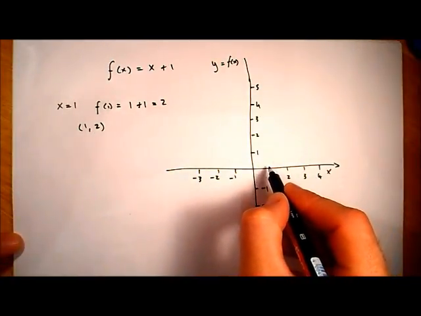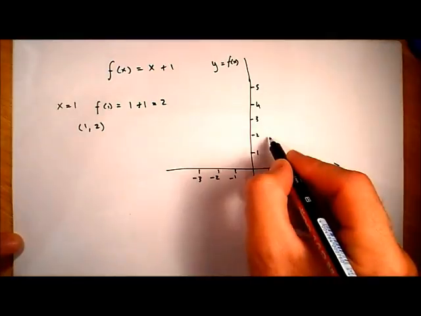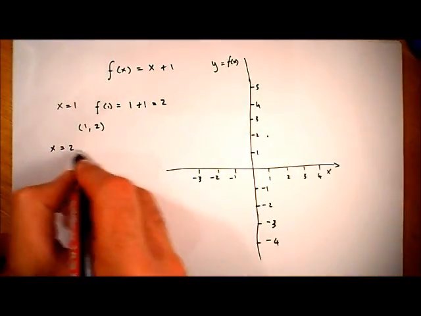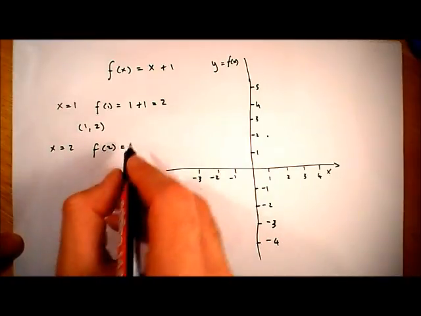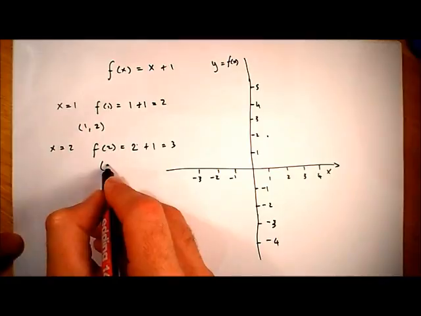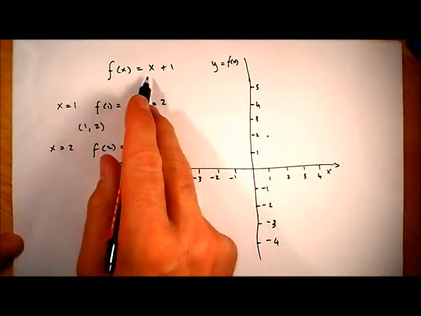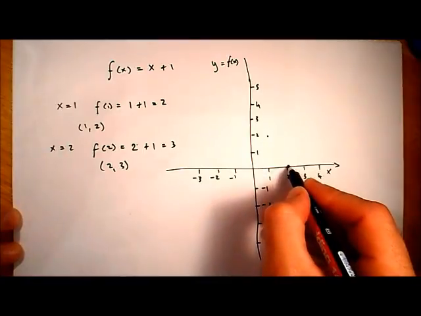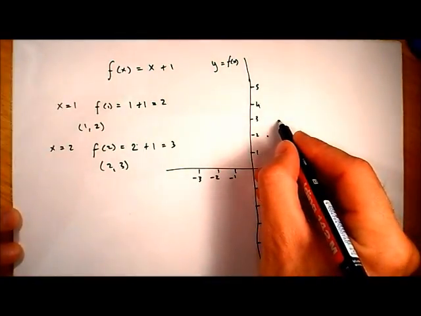So the point (1, 2): out 1 on the x-axis, up to 2 on the f of x axis. When x is equal to 2, f of 2 would be 2 plus 1, which is 3. So the point (2, 3) is on this graph of x plus 1: out 2 on the x-axis, up to 3 on the f of x axis.